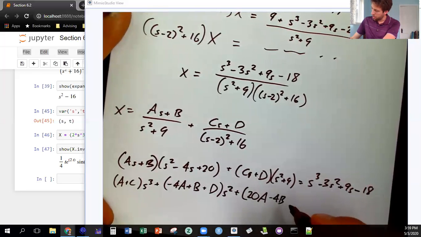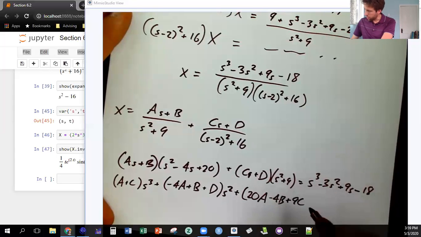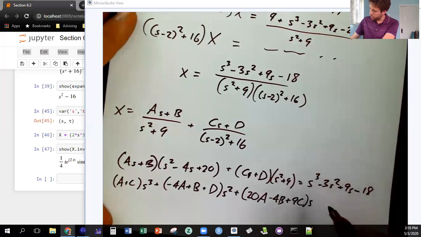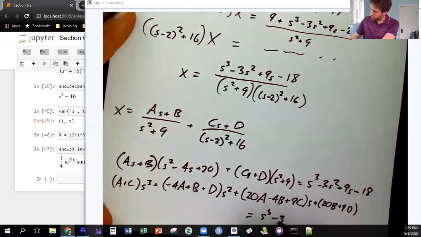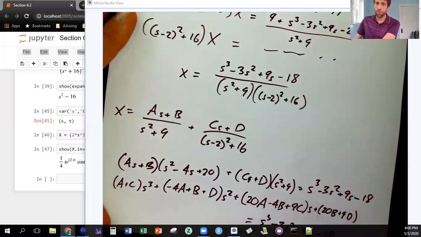And then plus 9c, s. And then how many constant terms? 20b plus 9d equals s cubed minus 3s squared plus 9s minus 18.